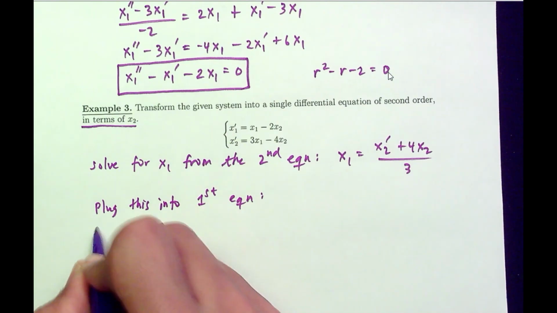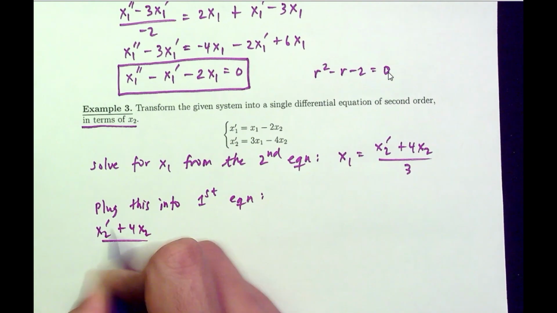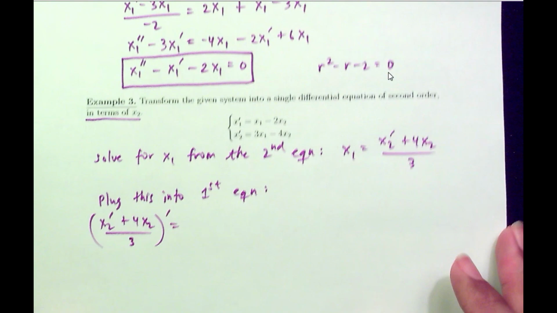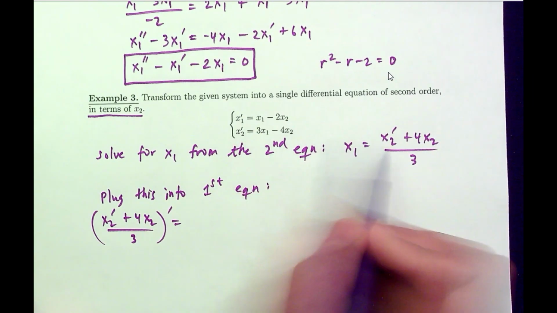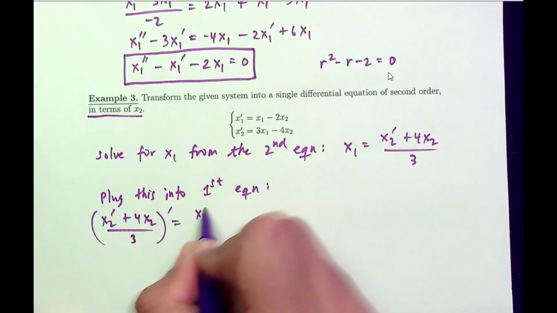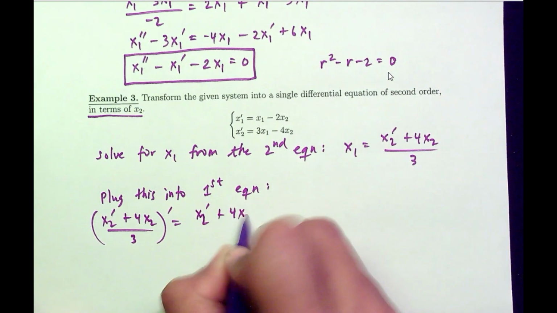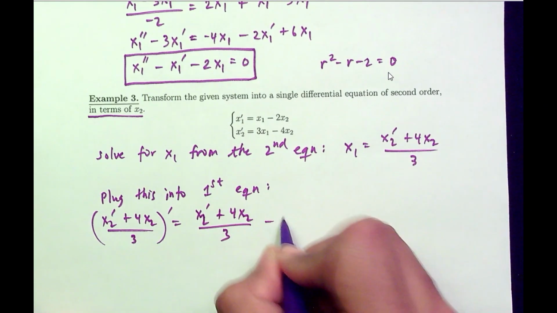So x2 prime plus 4x2 over 3 prime equals, and then x1, which is this, so this is going to be x2 prime plus 4x2 over 3 minus 2x2.